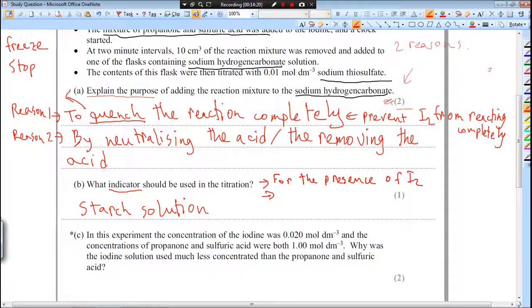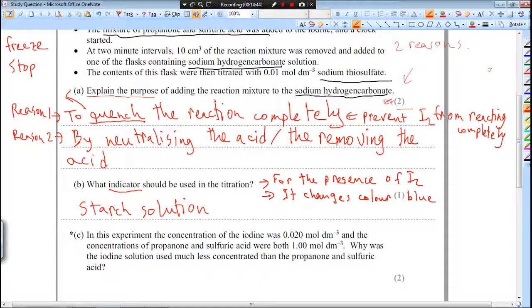The second reason is that it changes the color of the solution to blue.